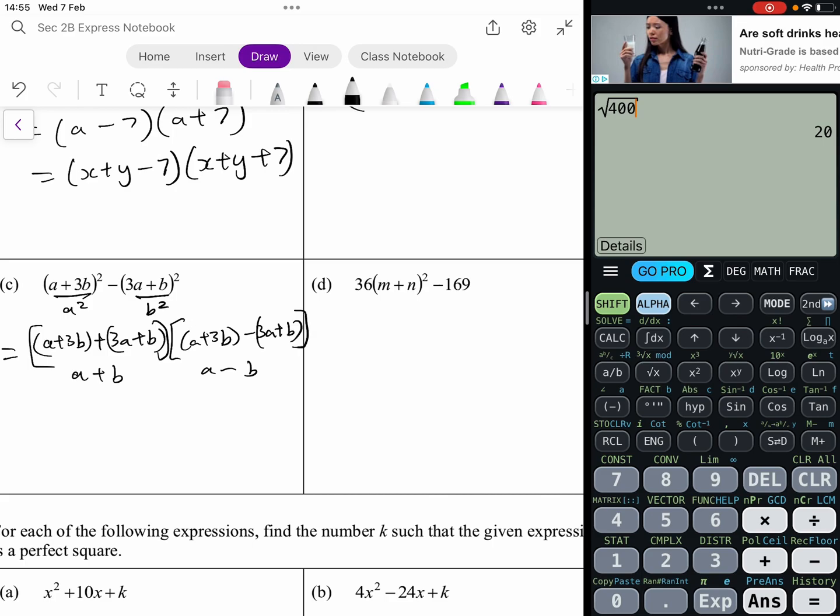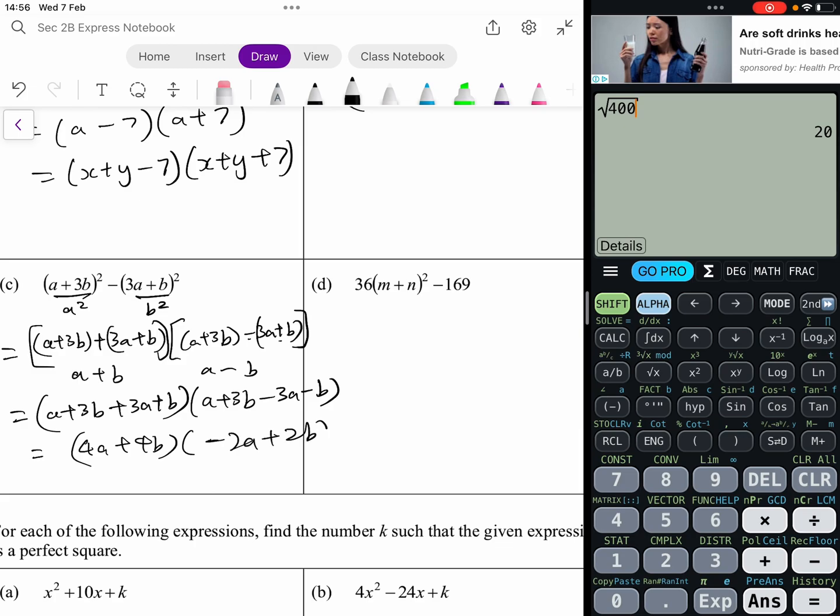Okay, take note, I haven't opened up the brackets yet. So a plus 3b plus 3a plus b, a plus 3b minus 3a minus b. Okay, remember, open up the brackets. So 4a plus 4b, minus 2a plus 2b.